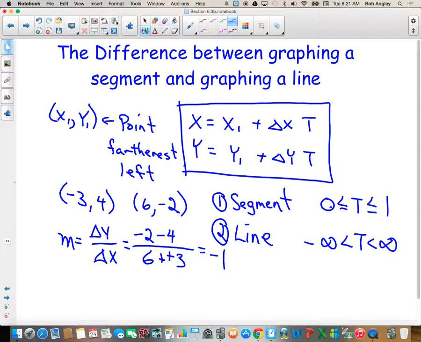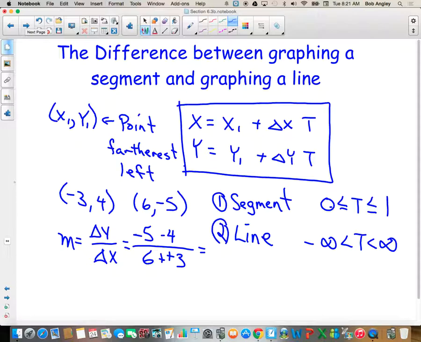I'll tell you what, if you get a slope like negative 1, it makes the problem somewhat easier. So let me just change a number right here. Let's make this, say, negative 5.